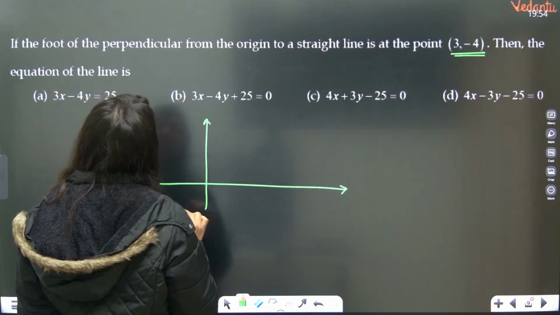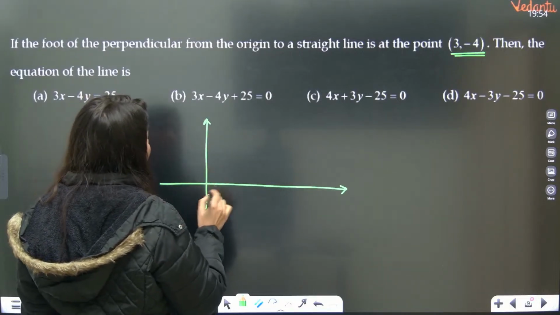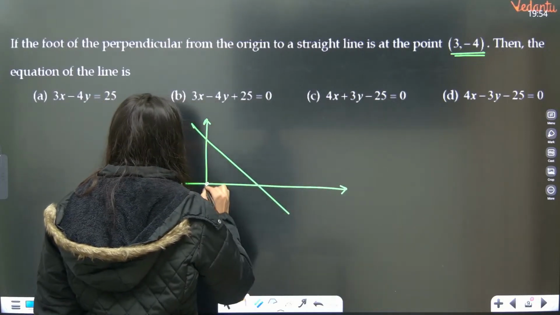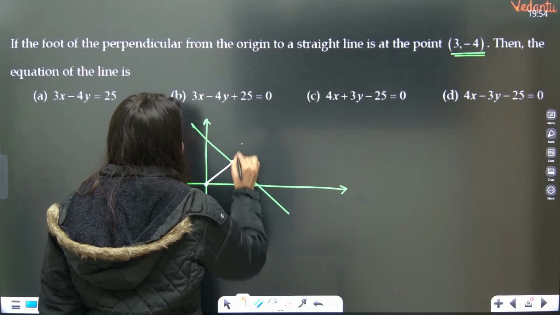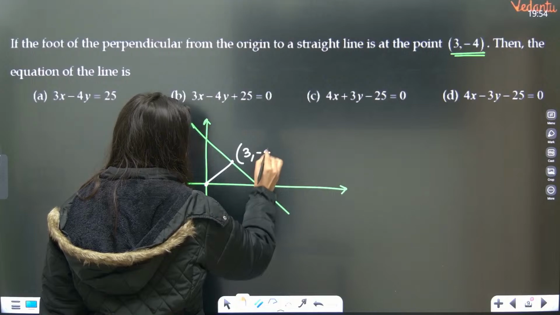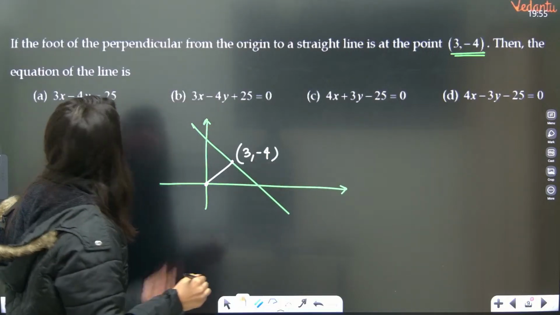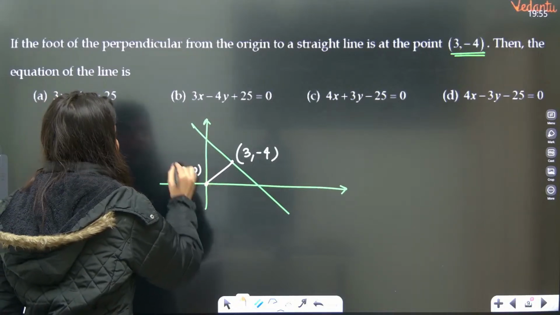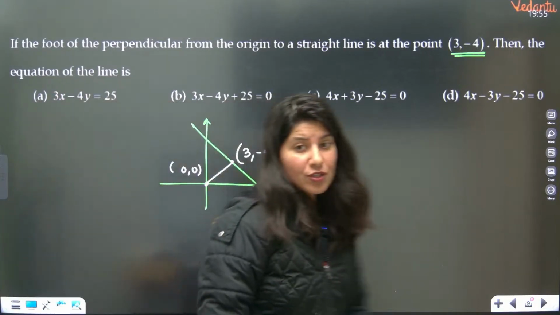So you have a line, and the foot of perpendicular looks like this. This is (3, minus 4). The origin is right there. So you are looking for the equation of the line.